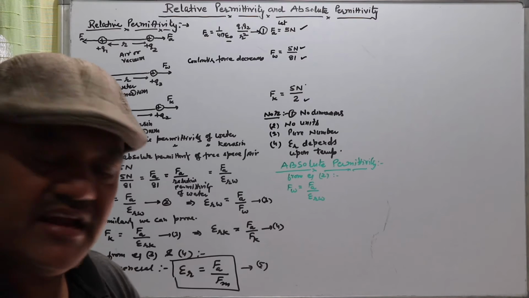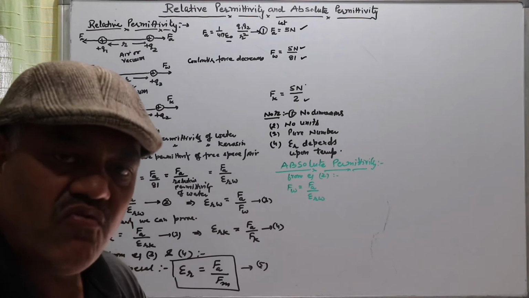What is epsilon Rw? It is the relative permittivity of water.